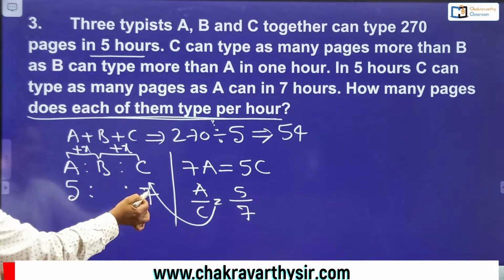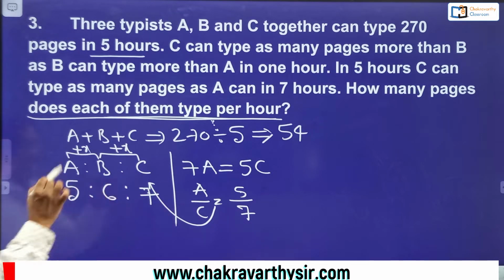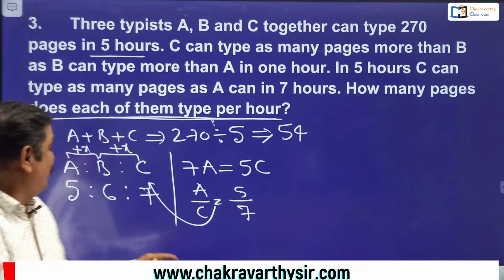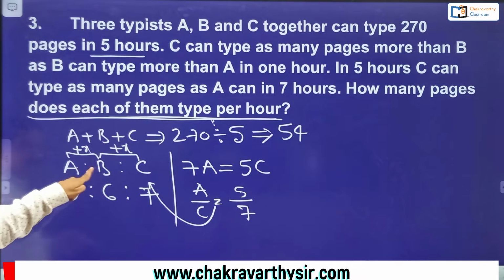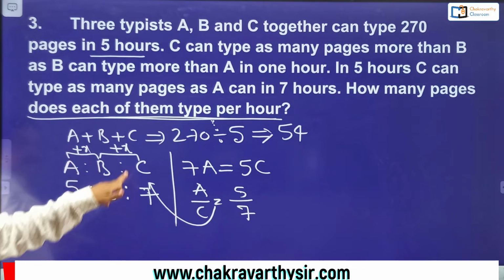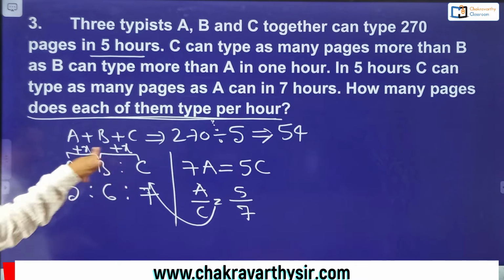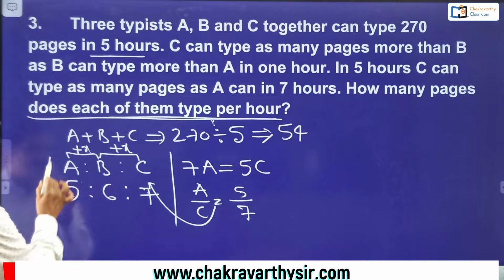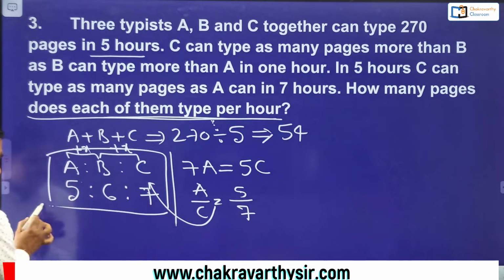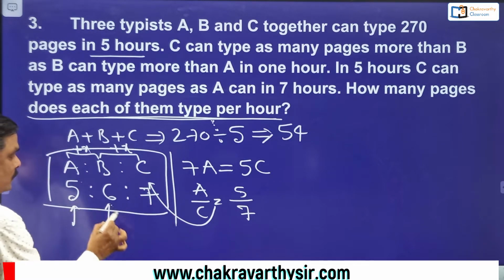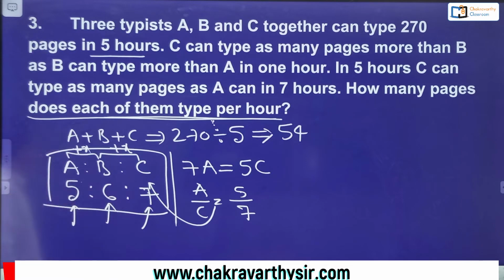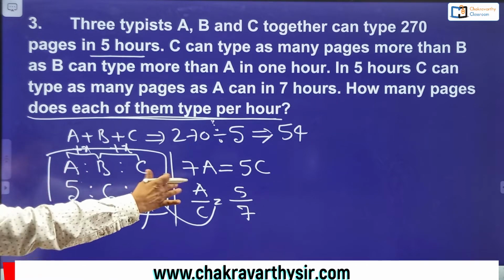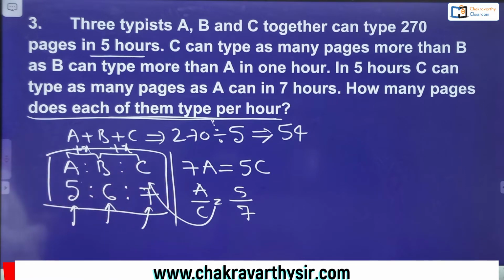This is 5, this is 7, obviously this is 6. No other number will come because here the difference is 1, B is more than A, whereas C is more than B. The difference should be the same, 1 and 1. Now here A is to B is to C is equal to 5 is to 6 is to 7.